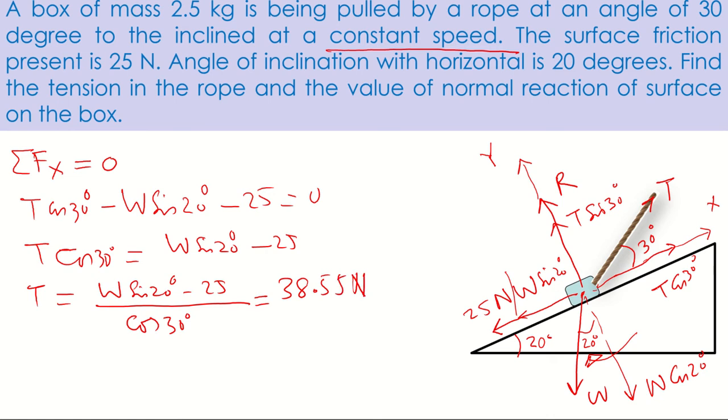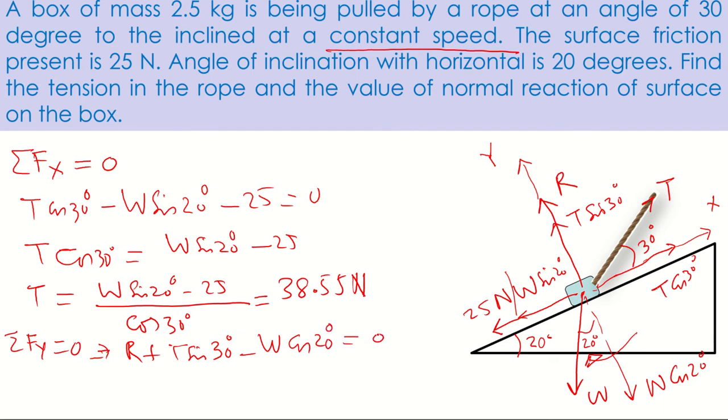I calculated it earlier. Sum of forces in y direction equal to 0 means R plus T sine 30 minus W cosine 20 equal to 0.